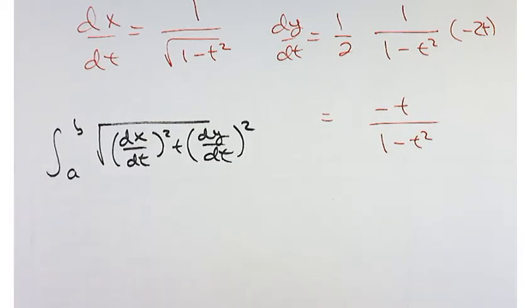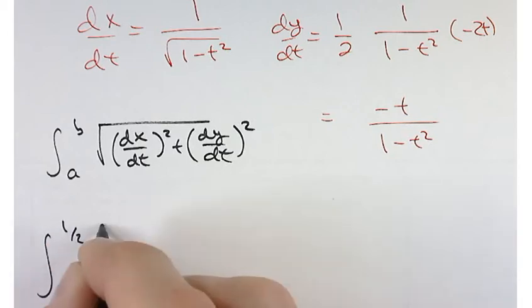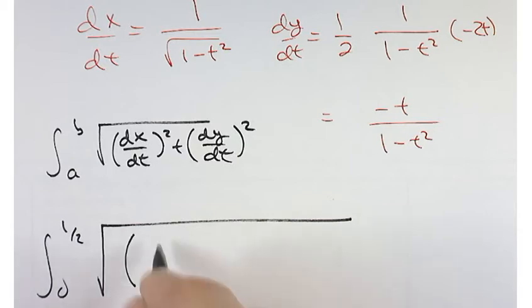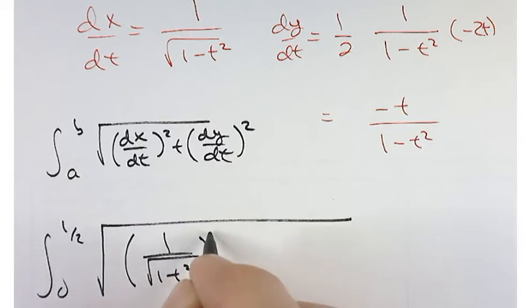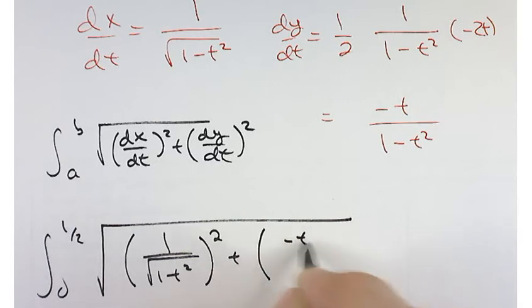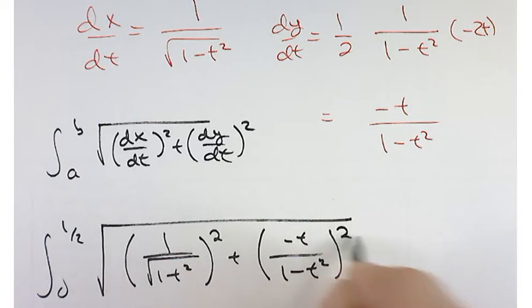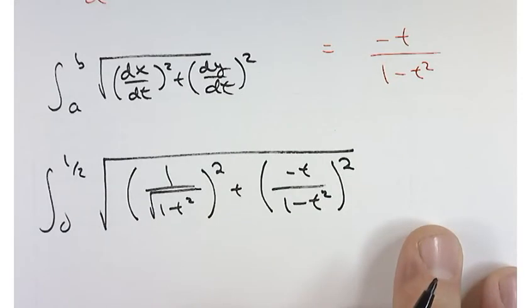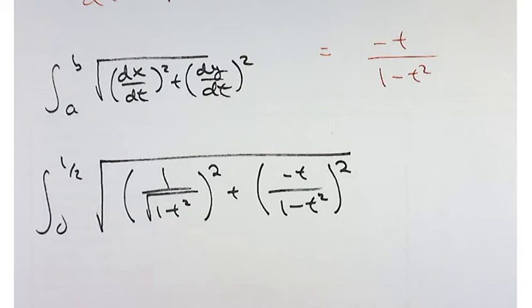Now, they tell us that t itself goes from 0 to 1/2. So I'm going to get the integral from 0 to 1/2 of the square root of 1 over the square root of 1 minus t squared, squared again, plus negative t over 1 minus t squared, squared. And that looks like a plus. It's really supposed to be a minus t squared.